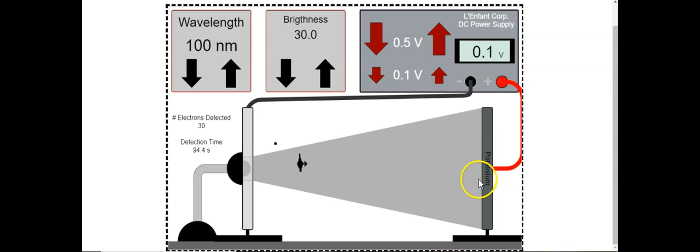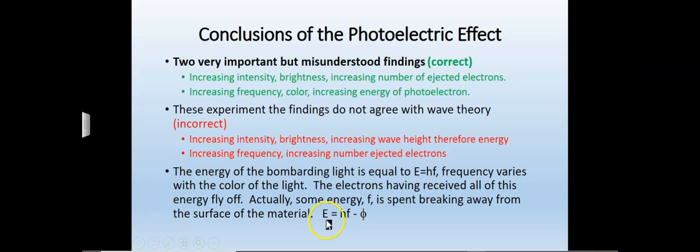That is kinetic energy, which is simply the incident energy minus something called the work function. So Einstein's revelation was that the energy of the ejected photoelectron is equal to the energy of the incident light minus the energy of the work function, or the cost to buy an electron from the surface of the metal.